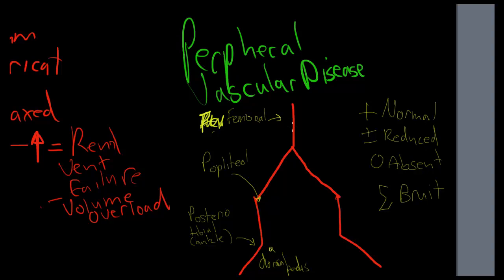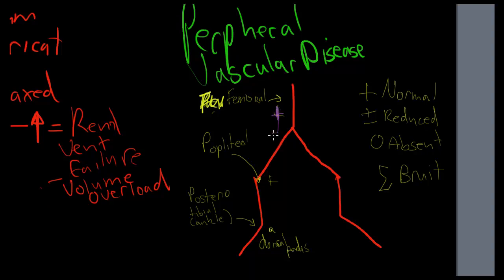Okay, so for example, if we have someone and we're looking at the left side, plus here, plus at your popliteal, I'll change colours actually. Yeah, plus here, a plus there, and a little plus here, and a plus here. That means that all the pulses, your femoral, your popliteal, your posterior tibial, and your dorsalis pedis are all there and normal.